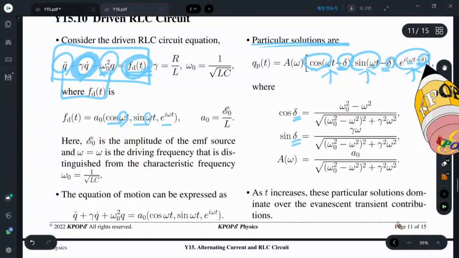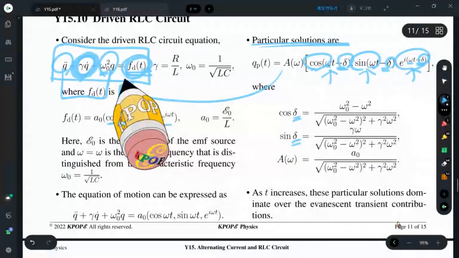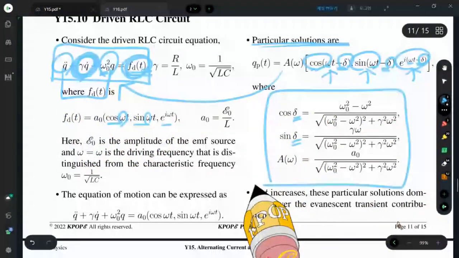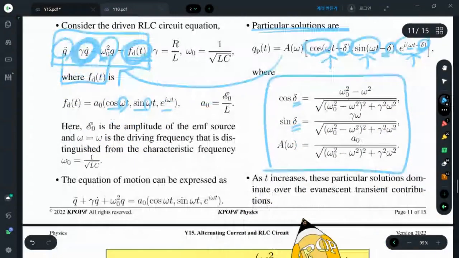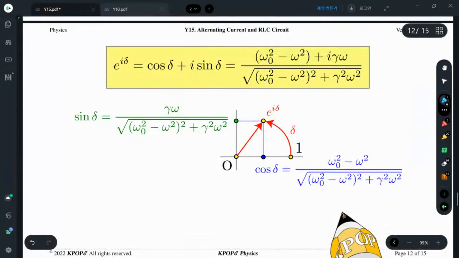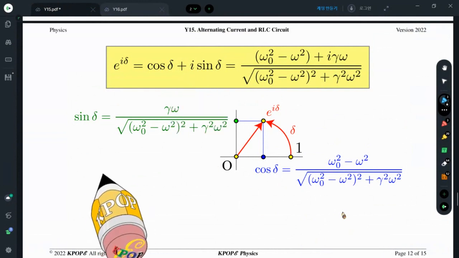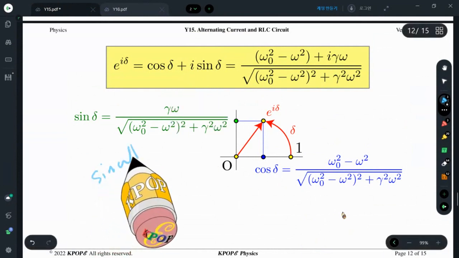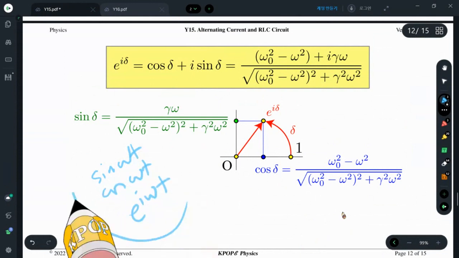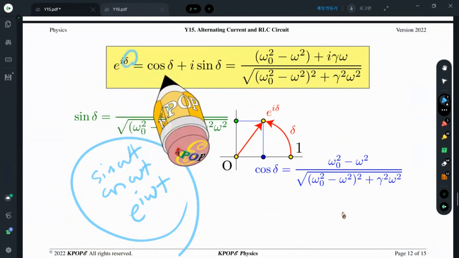And that delta is completely determined by substituting this one into the left-hand side and comparing both sides, which gives you a condition. This condition is identical for any case, whether sine omega t input, cosine omega t input, or exponential i omega t input. In any case, we have the same phase shift.